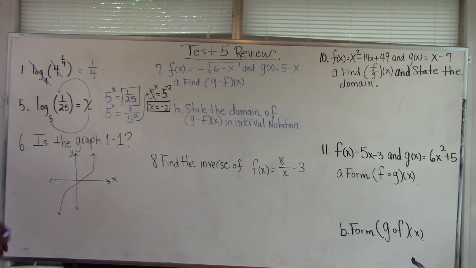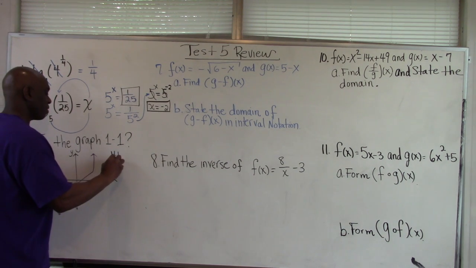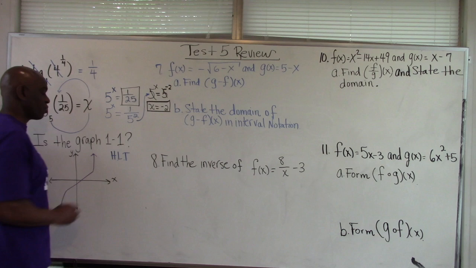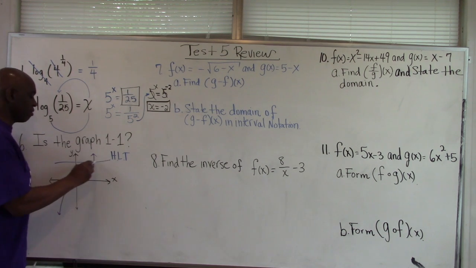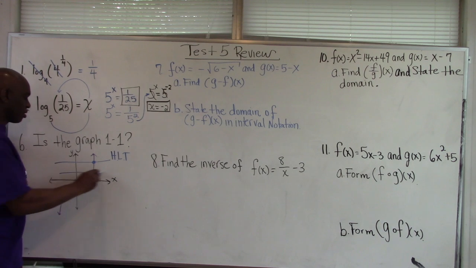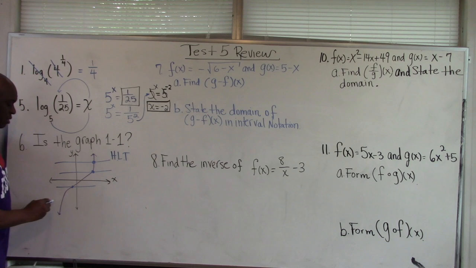Okay. Next problem. Is the graph 1 to 1? Well, let's see. Let's use the horizontal line test, the HLT, to determine whether or not it's 1 to 1. So draw horizontal lines. If I draw a horizontal line here, one touch, one touch, one touch, one touch.